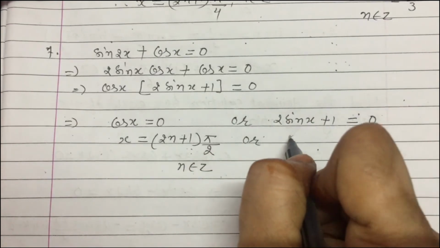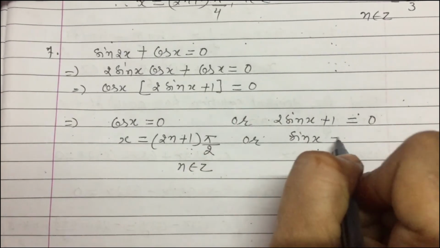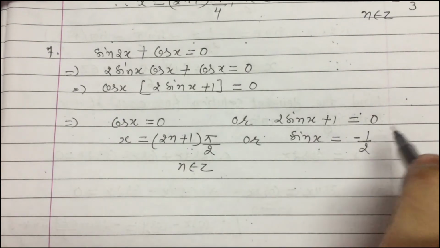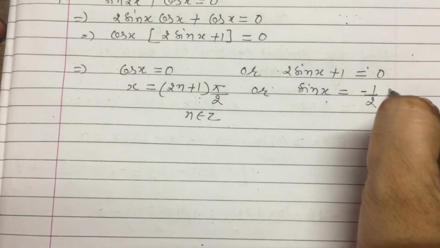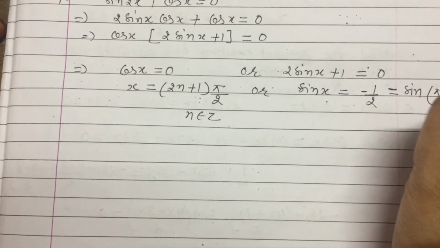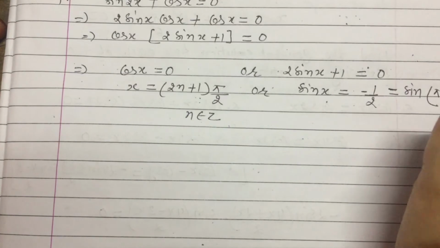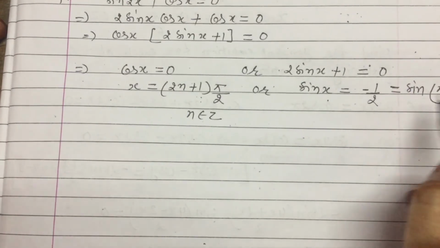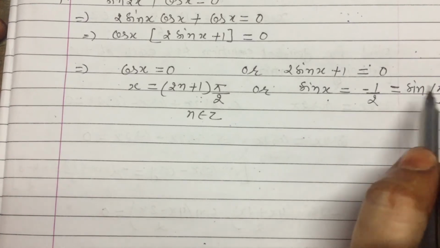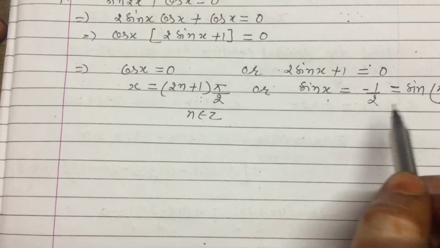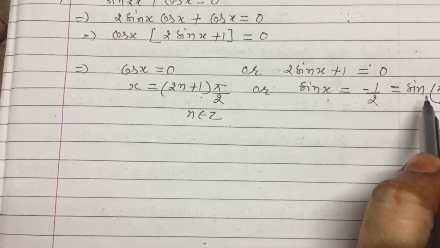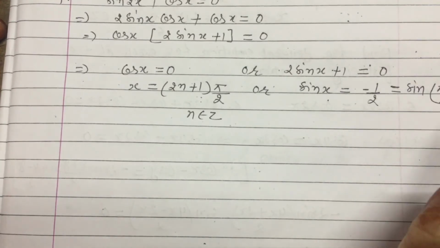And from here it's sin x is equal to minus 1 by 2. And it is sin (pi plus pi by 6). 1 by 2 is the value of sin pi by 6, but here it is minus, and sine is negative in third and fourth quadrant. So for the third quadrant, minus 1 by 2, we can write sin (pi plus pi by 6).